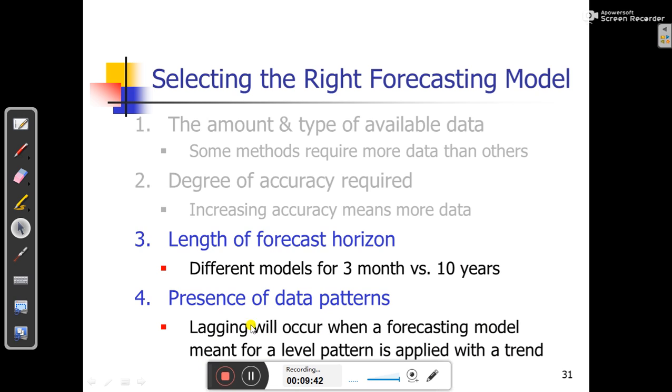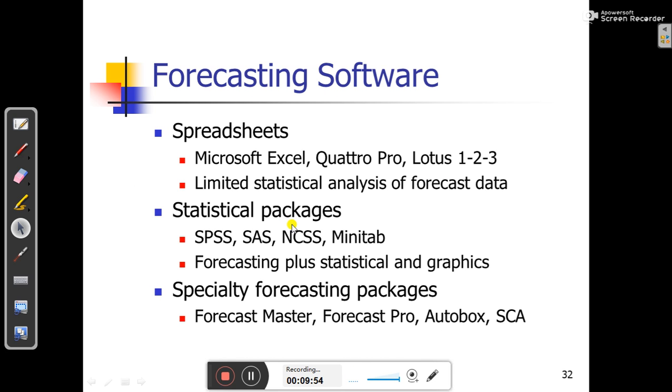So for different scenarios, different forecasting models might be required. That is why try to understand these 4 points while applying a forecasting model. And also there are various forecasting software available like Microsoft Excel, Quattro Pro, Lotus, for limited statistical analysis of forecast data.